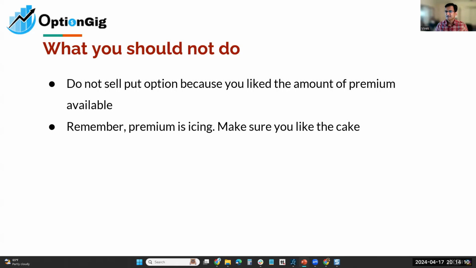Srini asked, what's the best platform for options trading? I use two. One is Thinkorswim, which is now from Charles Schwab, or if you open an account in TD Ameritrade, they're getting merged into Charles Schwab. The other one is Tastyworks. I've seen some people using Robinhood. I don't like it because you don't get good pricing in Robinhood.